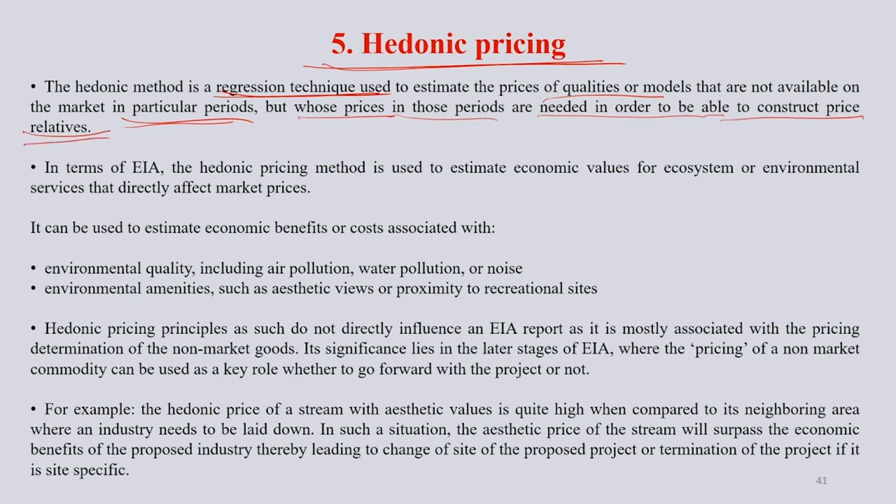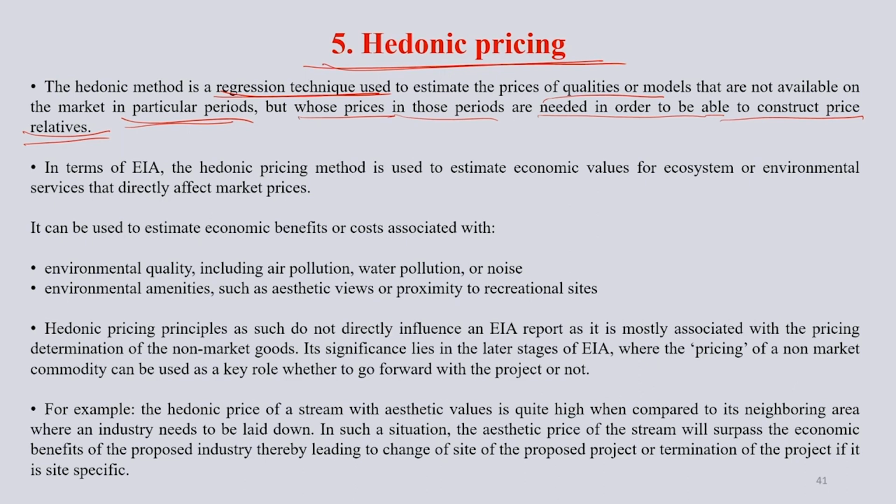So, you understand, hedonic pricing is a regression technique normally used to estimate the prices of qualities or models that are not available in the market in a particular period. Say certain things are available in winter but not available in summer.